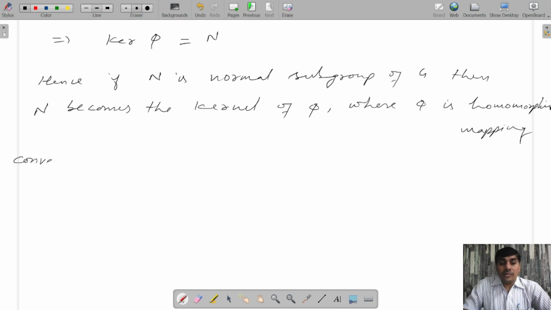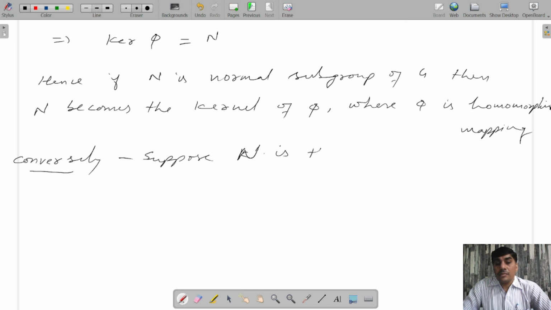Conversely, suppose N is the kernel of some homomorphism phi.